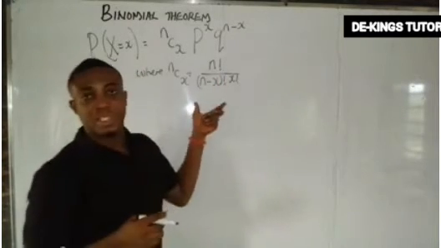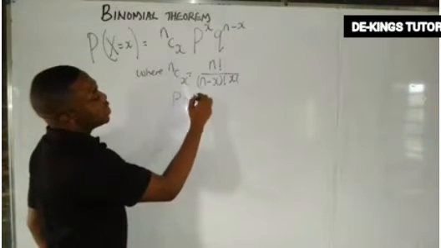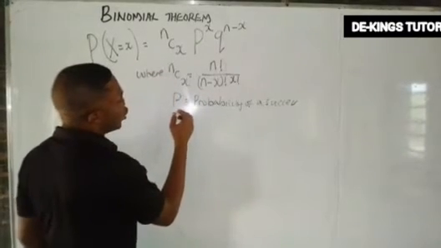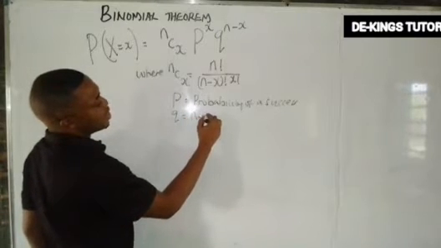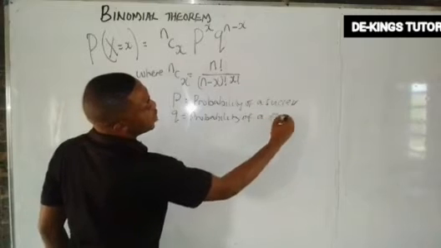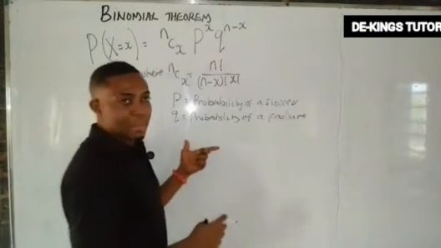Now this is combination. Okay, where P is the probability of a success, then Q is equal to the probability of a failure. Most times Q is not given.